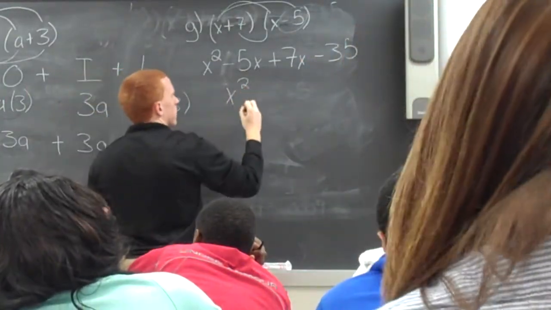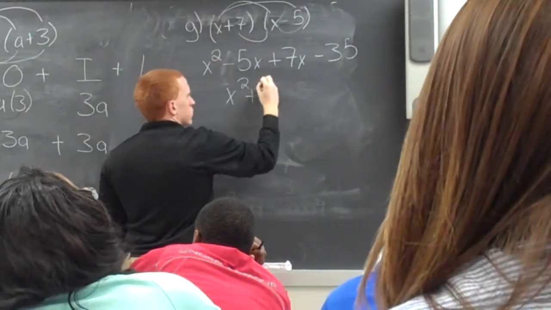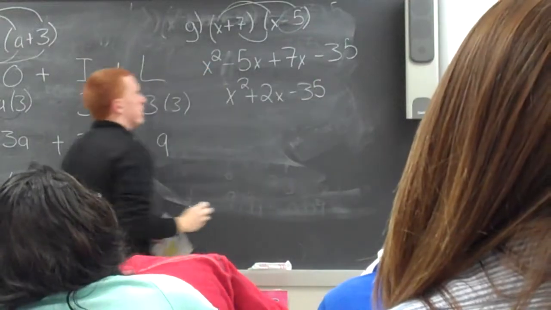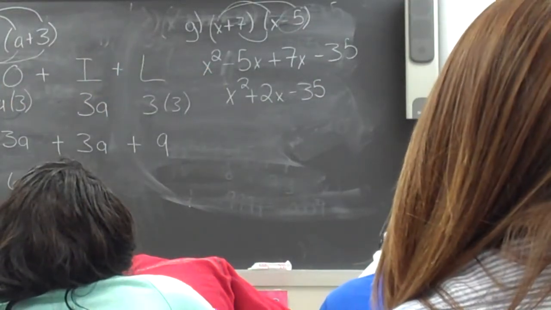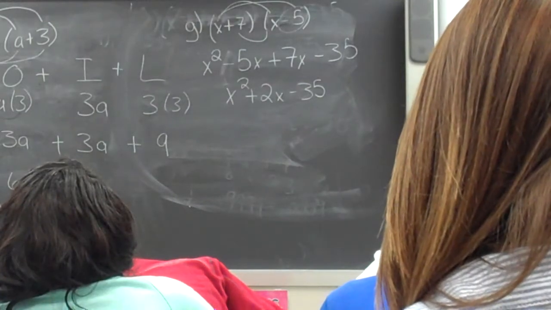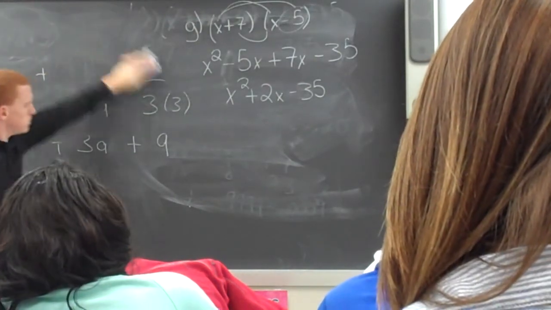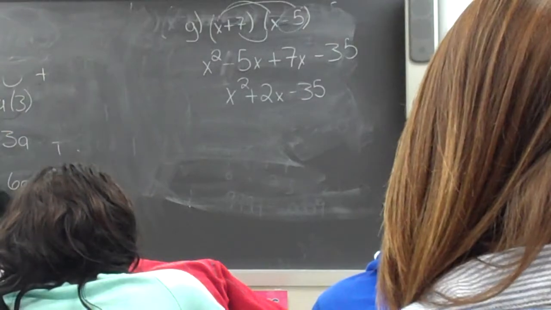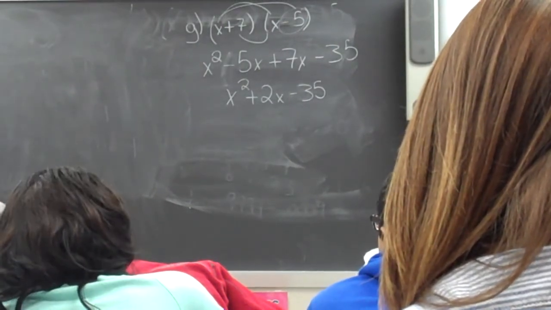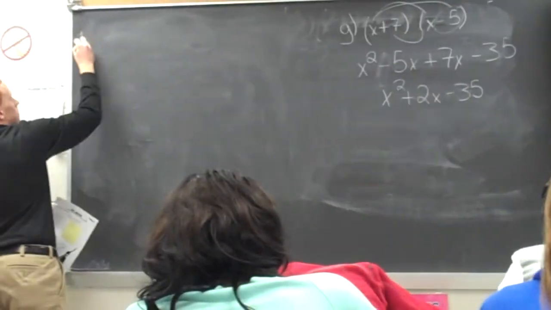So x squared plus 2x minus 35. Check my math to make sure I did that right. Are there any questions on that one? Okay, that's G, and let's do H.